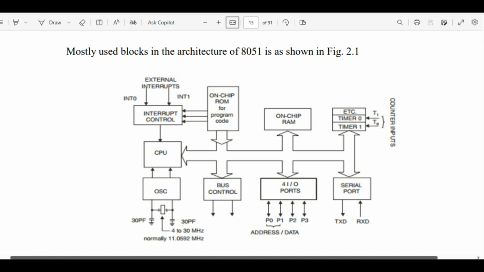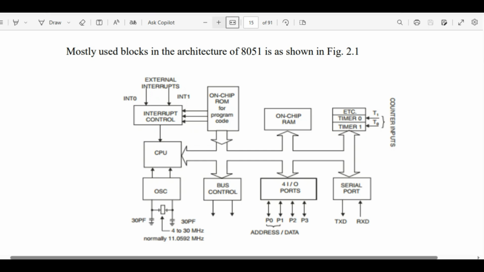So all these parts work together to make our robot castle smart and helpful.